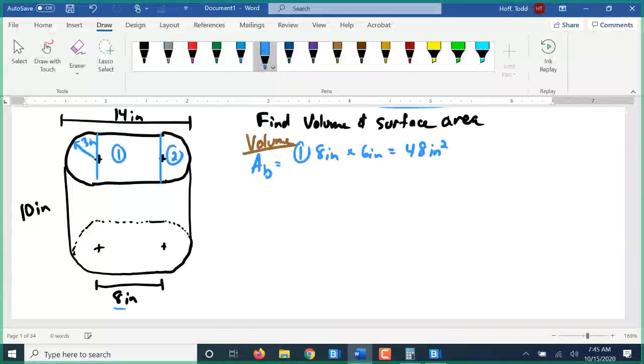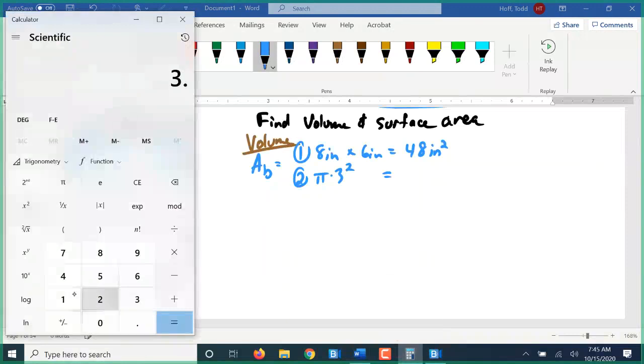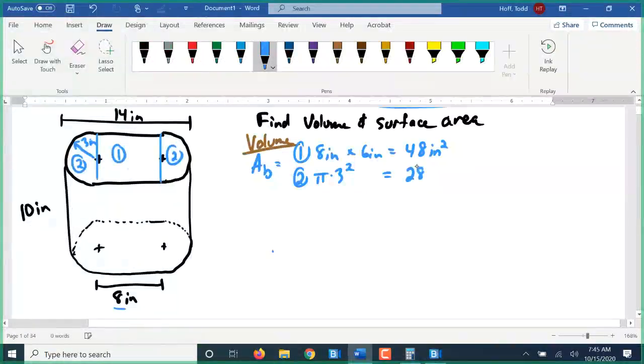Piece 2 is found by putting the two half circles together. That'll be pi times 3 squared, 28.26 square inches.